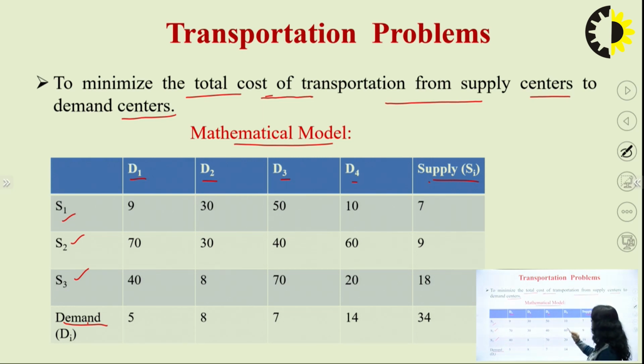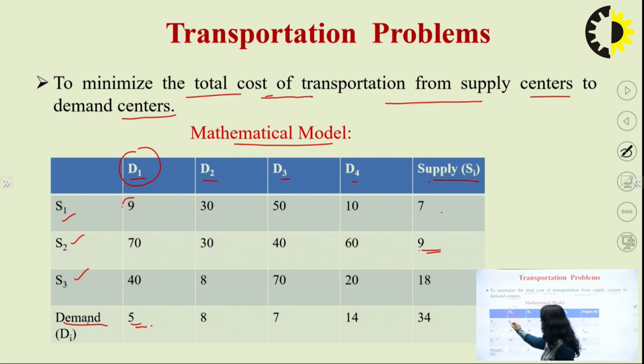With respect to S1 the total supply is 7, and with respect to S2 the total supply is 9. Similarly, with respect to D1 the total demand is 5, meaning this distribution center has a demand of 5, a requirement of quantity 5. Now, what are these other terms?